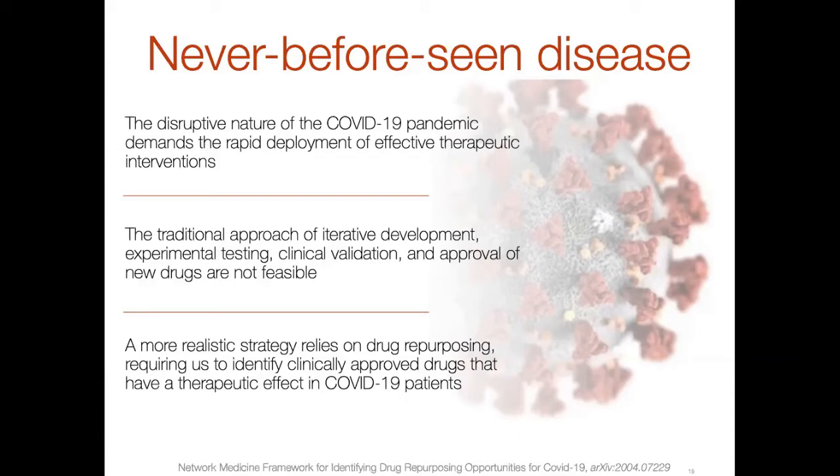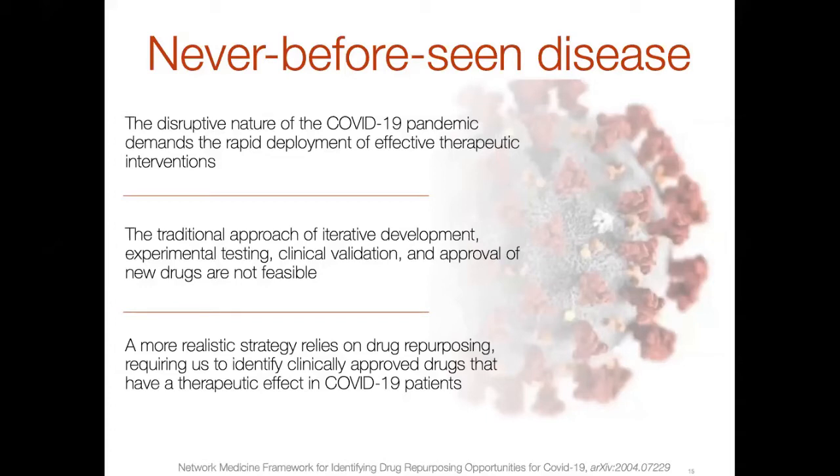So it's a more realistic strategy here, because it allows us to come up with a list of drug candidates fairly quickly, and some of those might already be on the market, or in late stages of clinical research, and therefore we might require less time to put those drugs to patients.